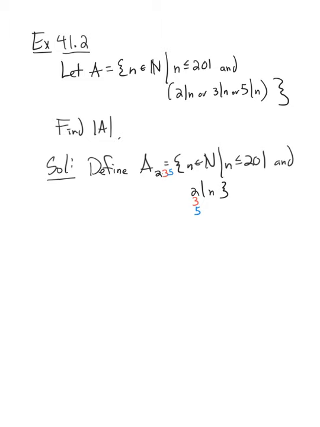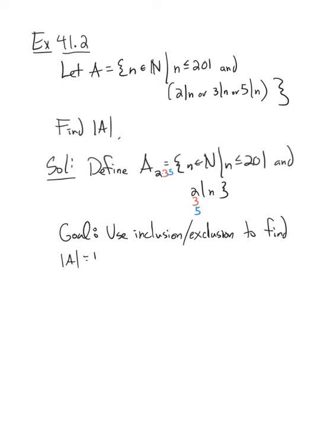Now our goal is to use inclusion-exclusion to find the cardinality of A, which is, of course, the cardinality of A2 union A3 union A5. So that's our goal here.